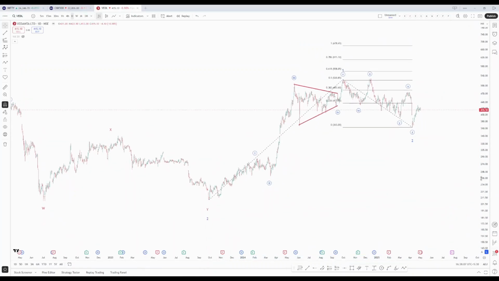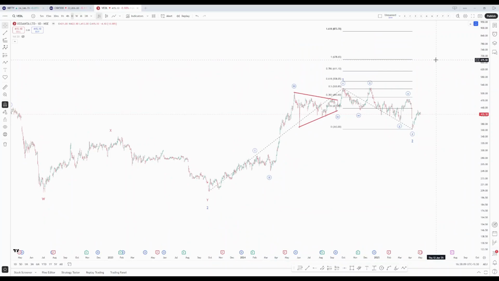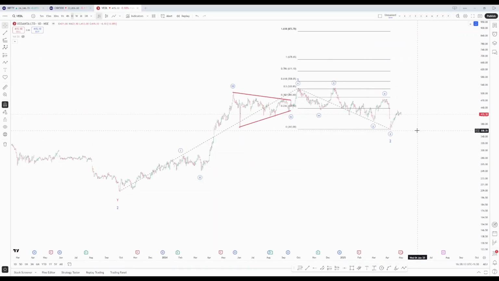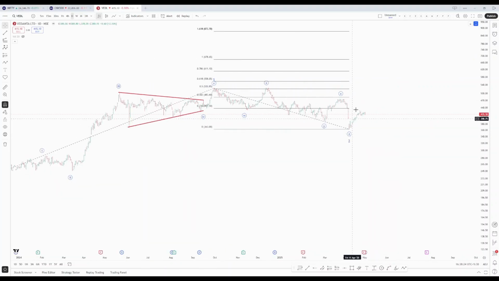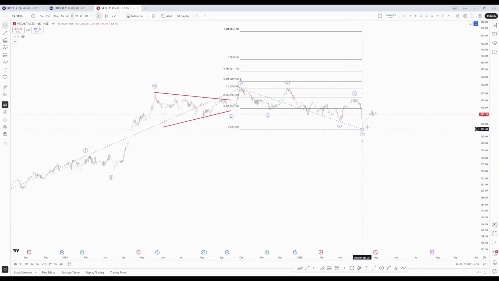That gives us a target of 678. So we can assume if this becomes 5 waves, then this move should continue. Obviously there will be retracements in between, it will not be a straight line move, but if this becomes 5 waves and the low of this 2 holds with these 2 conditions, we should head towards 678.